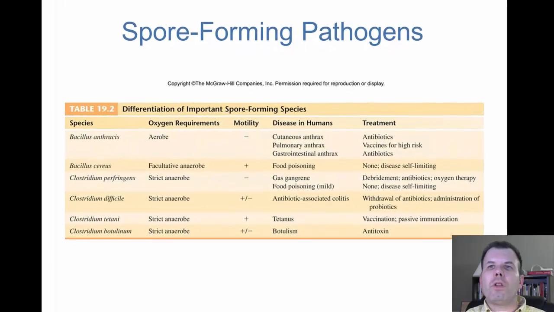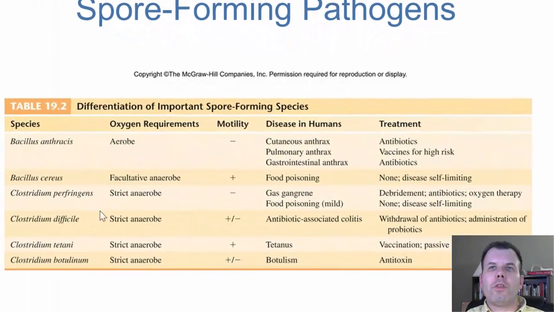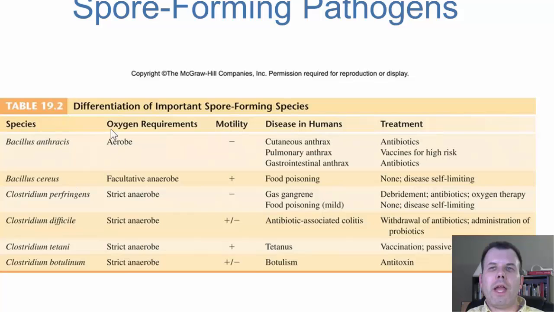All right, so again, we looked at all these different spore formers. The two Bacillus, again, remember these are aerobes, and B. cereus is a facultative anaerobe, but we typically associate Bacillus with the aerobes, and these form spores, and they're involved typically either in anthrax or food poisoning.